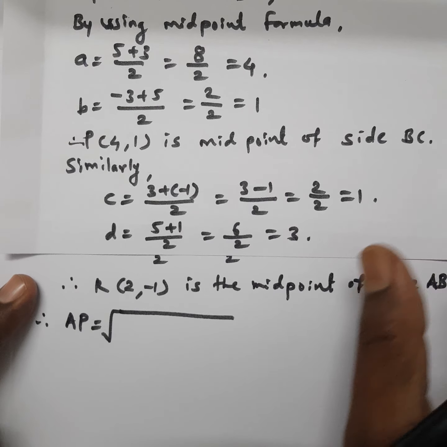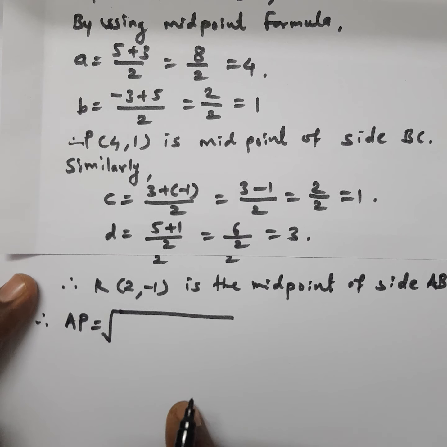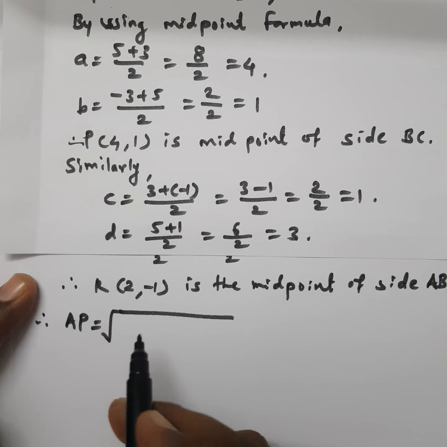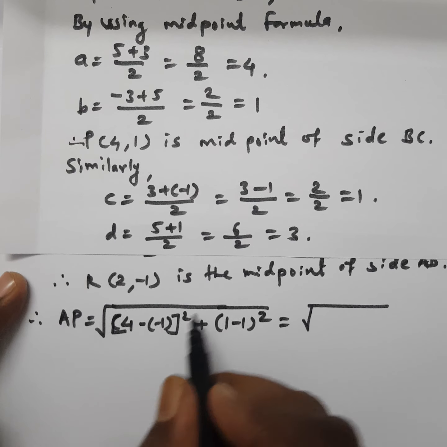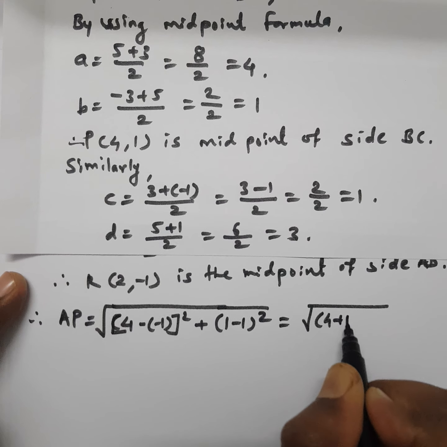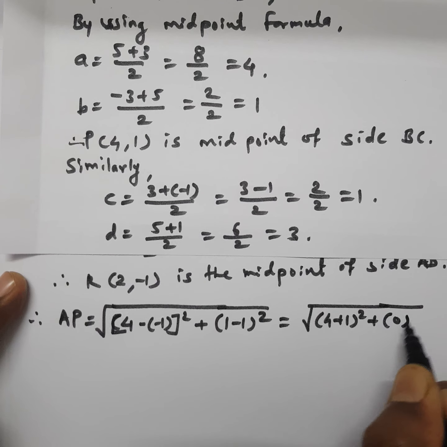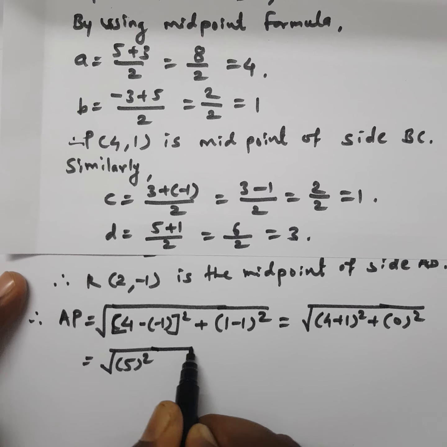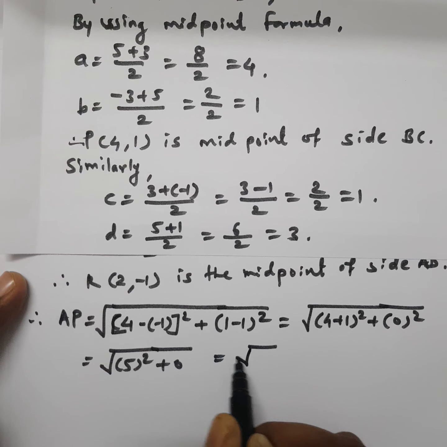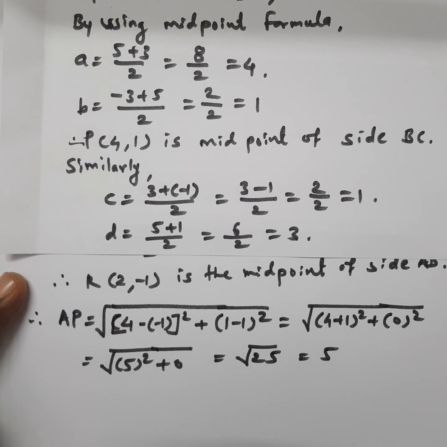Therefore, here (x2 minus x1) square means (4 plus 1) square plus (1 minus 1) square is equal to 5 square plus 0, is equal to 25, that is 5.